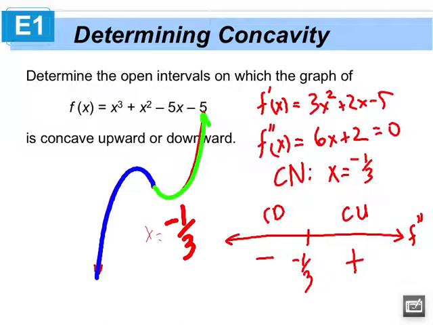That point that we just found, that critical number, is called the point of inflection. I think that's on one of the upcoming slides, but I jumped the gun while we have that picture. I hesitate to use words like always and never, but for the most part, points of inflection will be critical numbers.